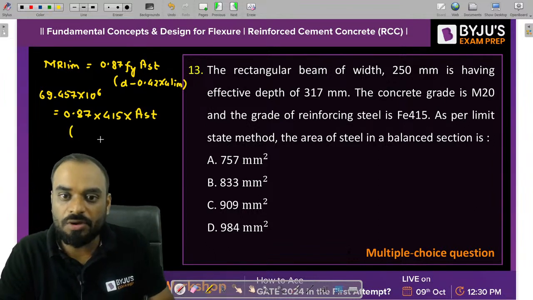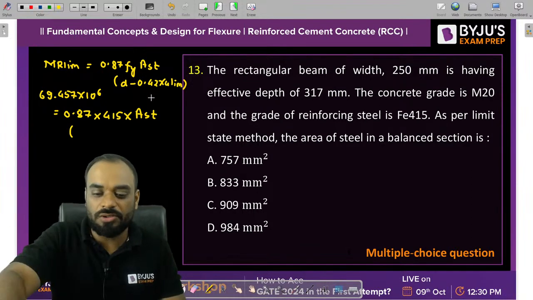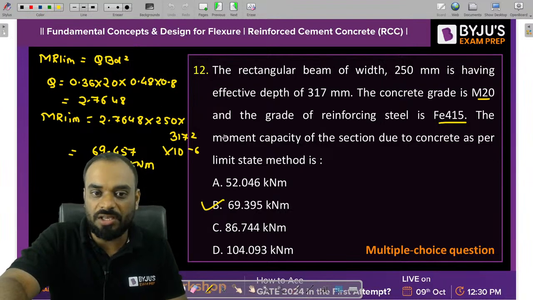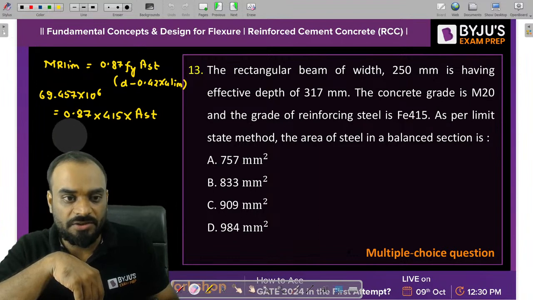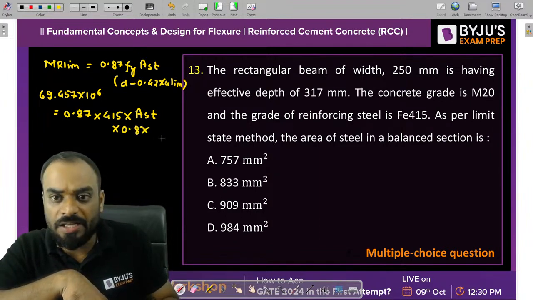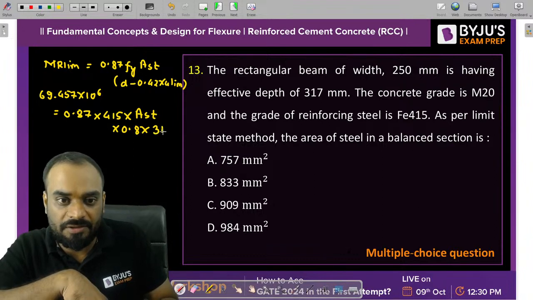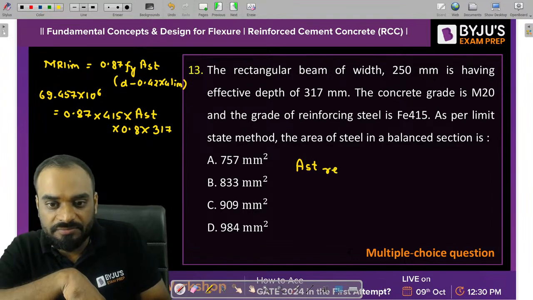Okay. What about lever arm? You know that, guys, lever arm we can write as j into d also. So what is the value of j? You know that it is 0.8. So j is equal to 0.8, and d is equal to how much? It is 317. So kindly calculate the Ast value which is required.